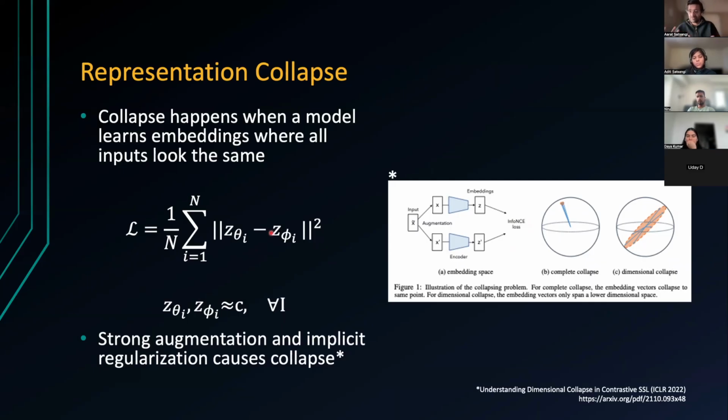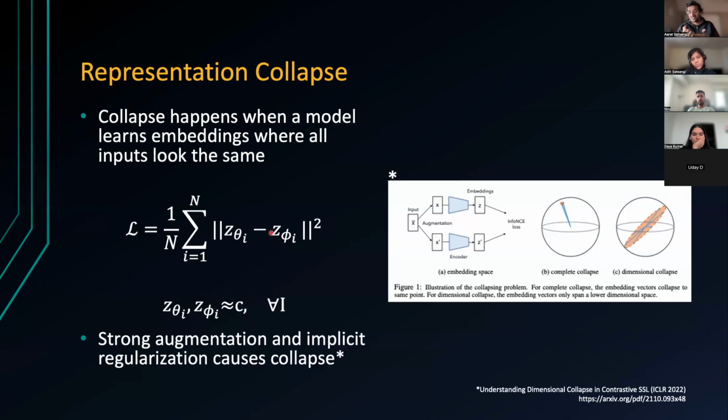The loss will get minimized because the distance between these two embeddings will be zero because they are exactly the same. But they won't actually mean anything because the representation has collapsed to a single point. You cannot distinguish between two different kinds of points if they are all mapped to a single point in the representation space, right?